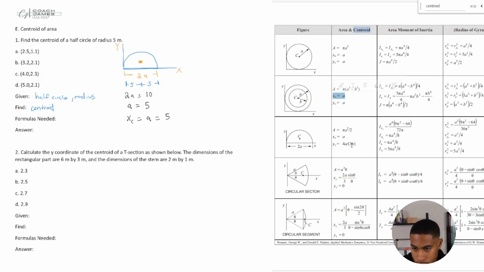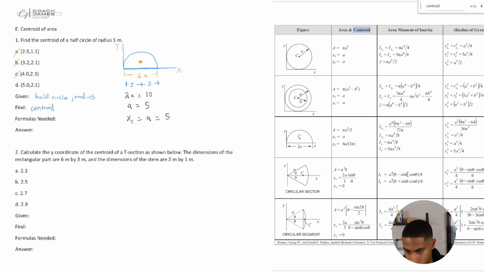All right, let's find the y coordinate. If we went through our answers, we could get rid of a because that doesn't match our choices, and we get rid of b and c. So it really could only be d, but I want to show you how to get the y coordinate as well.